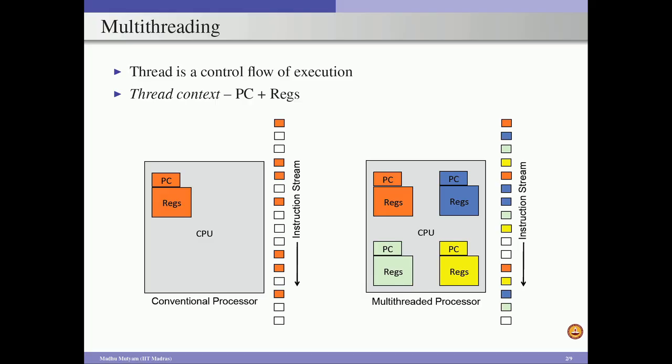Now, once we have a multi-threaded processor which has multiple thread contexts, we can clearly see here that the instruction stream is taking instructions from different software threads that are executed on different hardware threads. For example, in the first cycle we take an instruction from a software thread running on this hardware thread, by using this PC which points to one instruction in the software thread, and we fetch and execute that instruction.